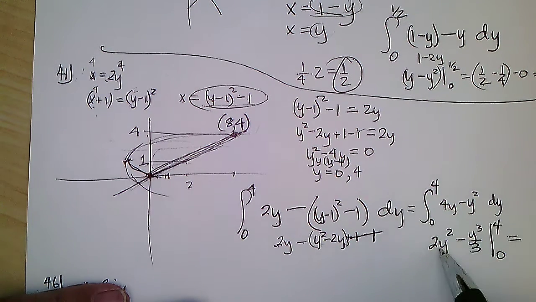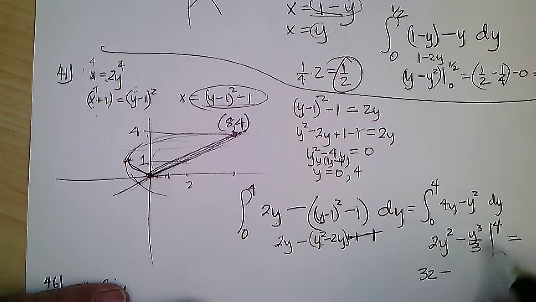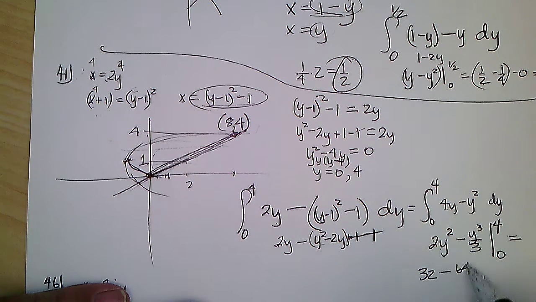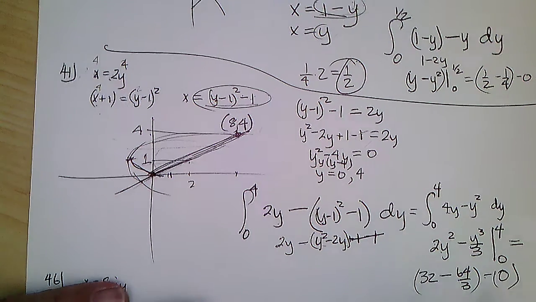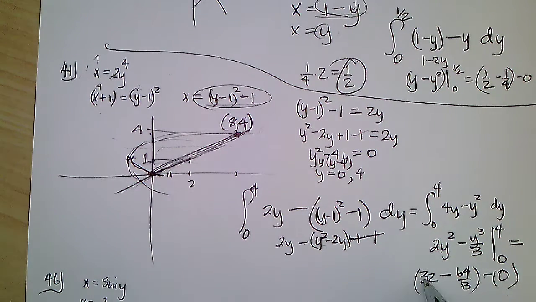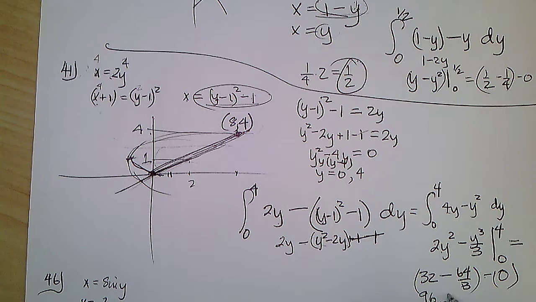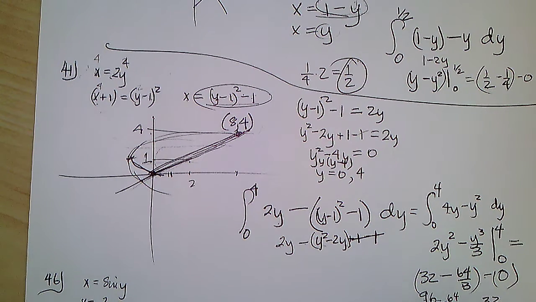So we get 16 times 2 is 32 minus 64 over 3. Putting in zeros, we get 0. So if I multiply this by 3, I get 96 thirds minus 64 thirds, which is 32 thirds, or 10 2/3.